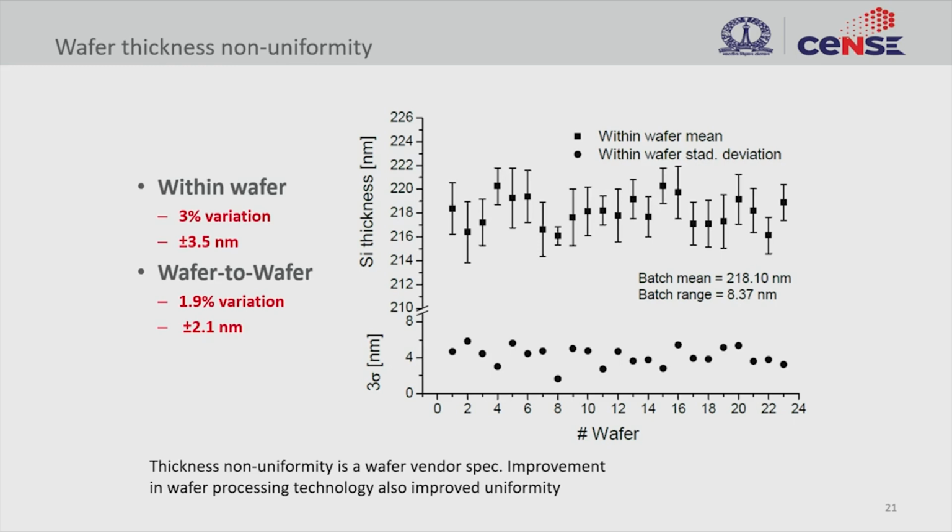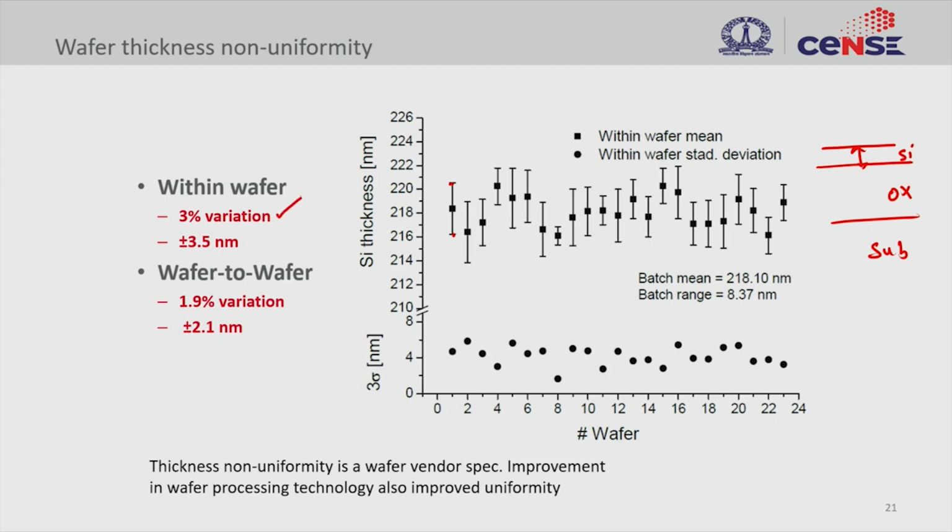So what I am showing you here is the thickness variation of silicon in a silicon on insulator substrate. So what you see here is the variation of this top silicon layer within different wafers and within a wafer. So you can see here within a wafer you can have about 4 nanometer variation, but between wafer to wafer the variation could be much smaller. So that is what we see here.